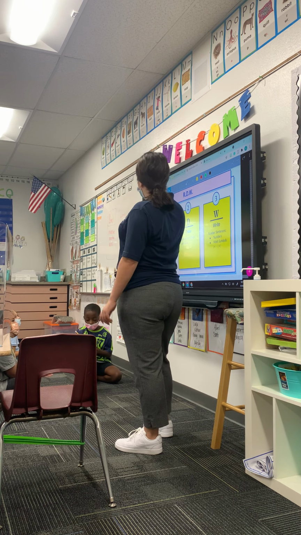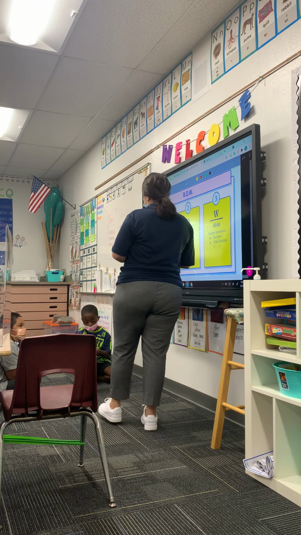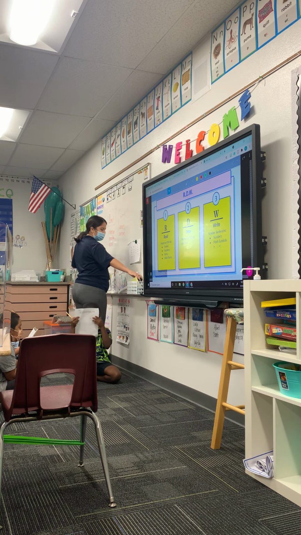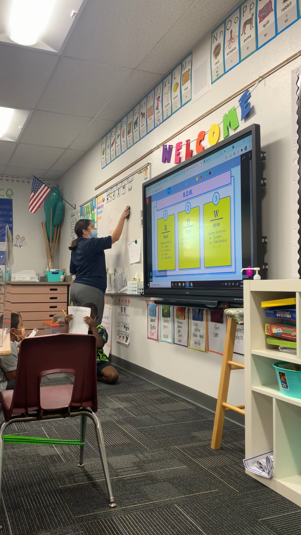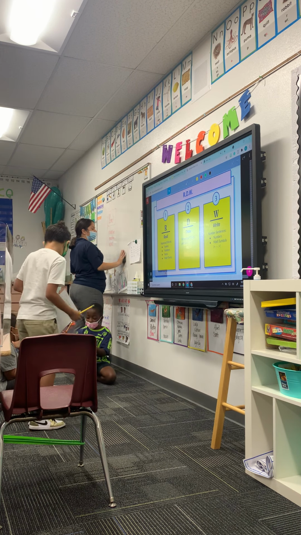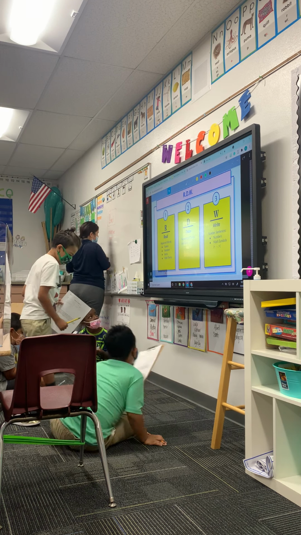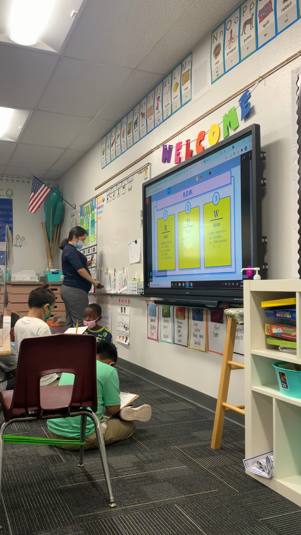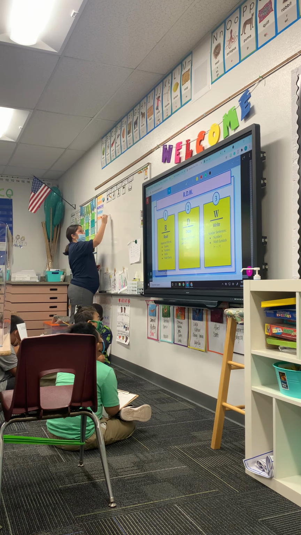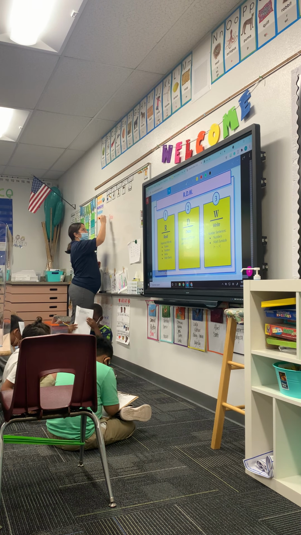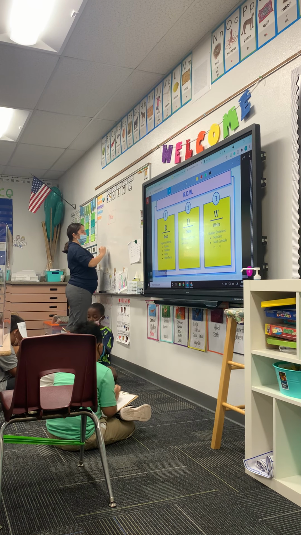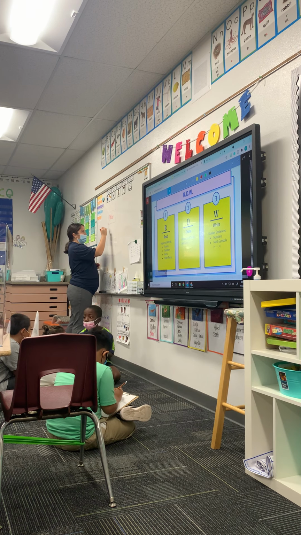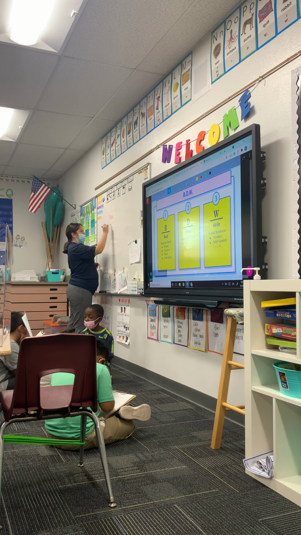Okay, so we got our draw, right? In our draw, we can put quick and easy, or we can draw something else. We can draw our 10 blocks or our 1 blocks. We can write whatever we feel can help us remember during read, draw, write. 1 block, 10 blocks.